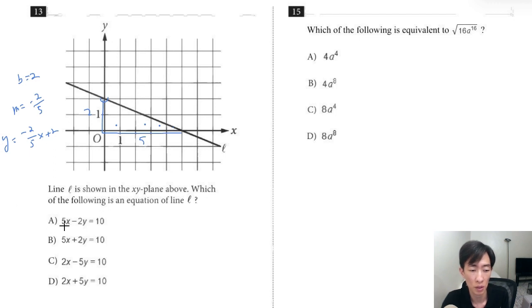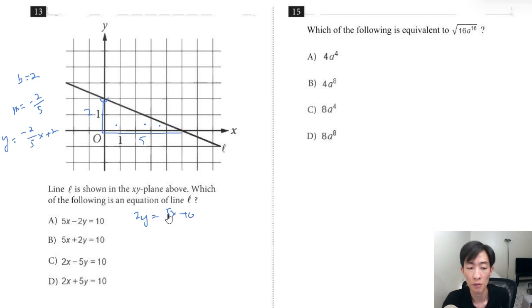We basically just need to go through each of them and see which is going to give us a slope of negative 2/5. If you can do this in your head, the easiest way would be to add 2y to both sides, equals 5x minus 10. Notice what's going to happen when we divide both sides by 2.